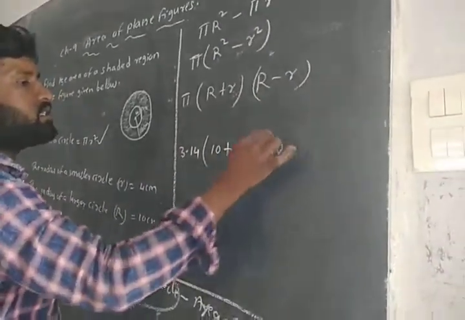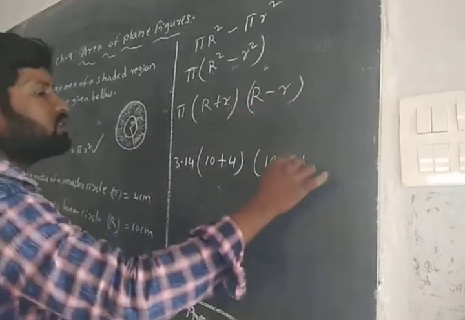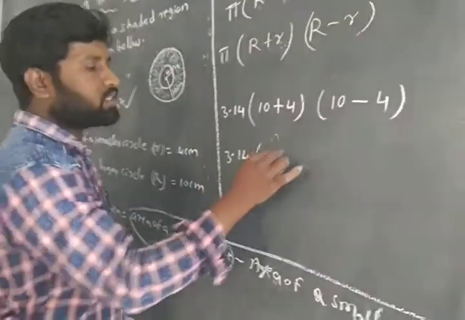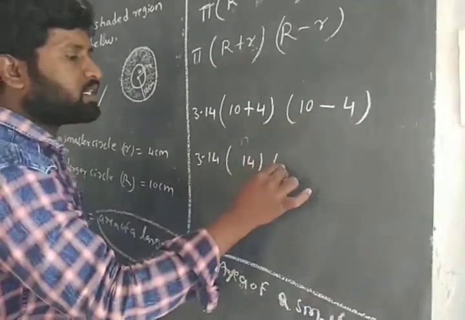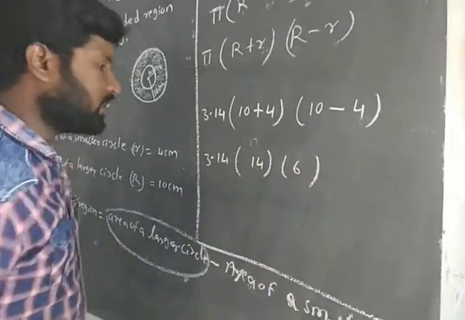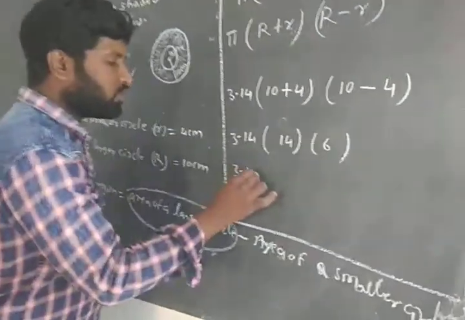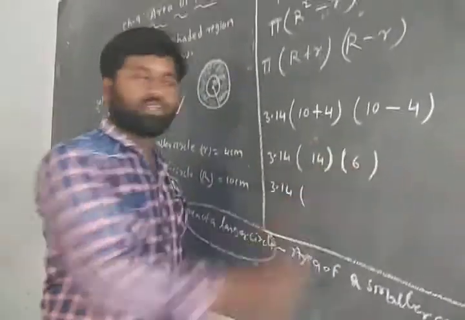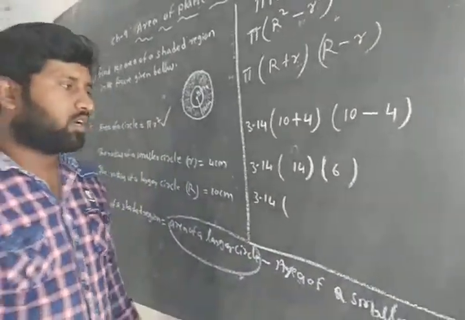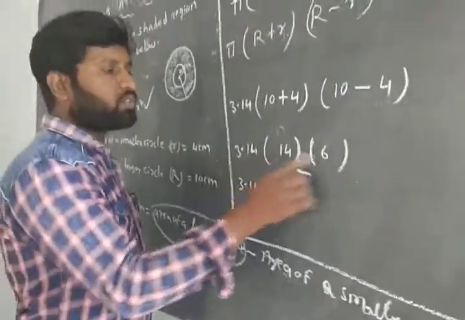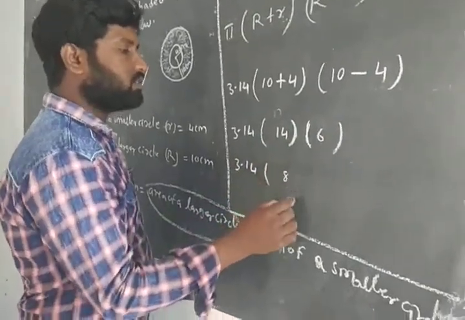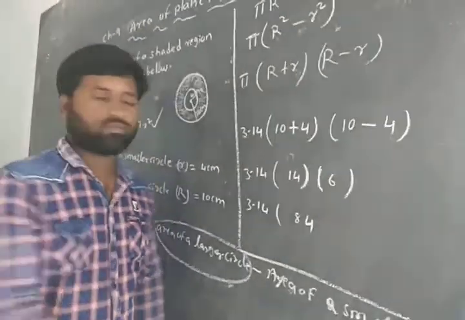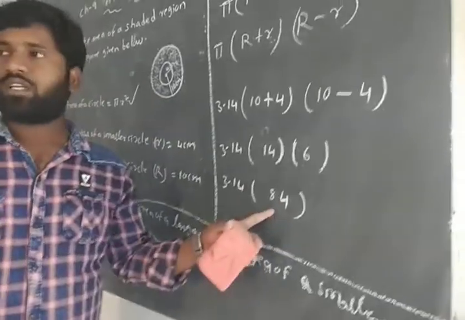Capital R, 10, minus small r, 4, gives 6. Then 3.14 of 14 into 6. 14 times 6 is 84.